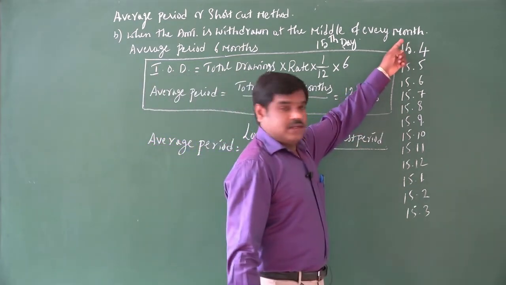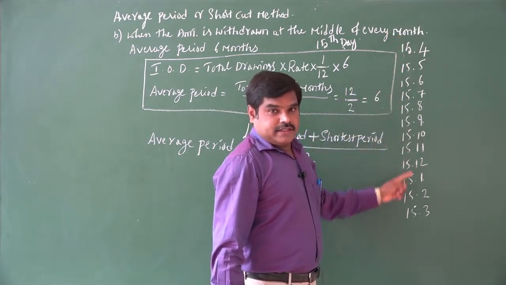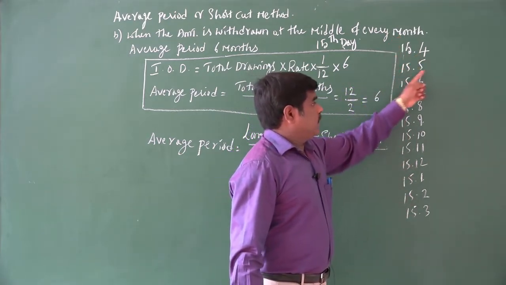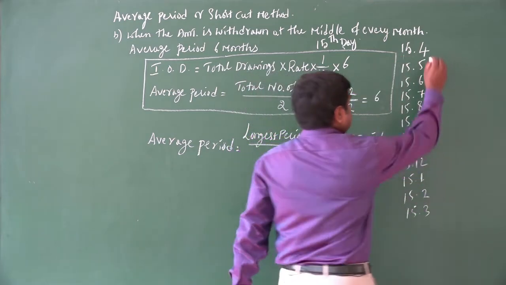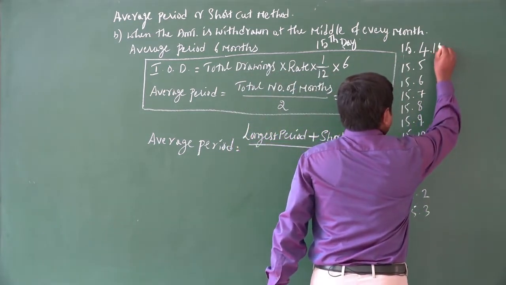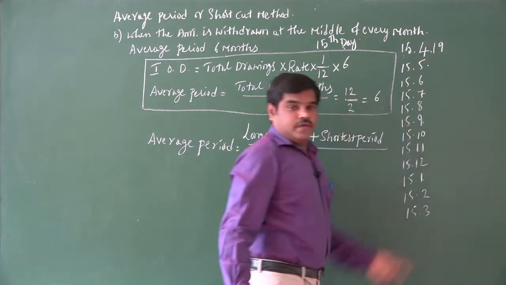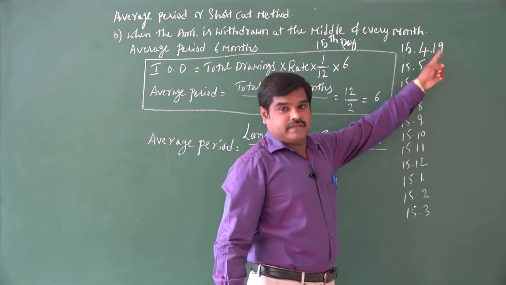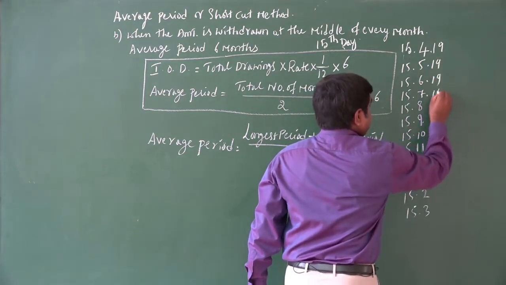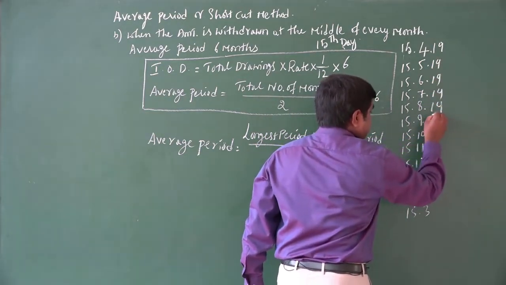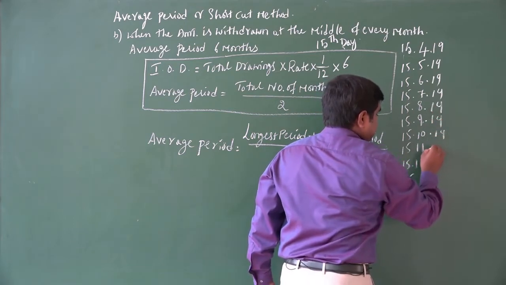See, I have written the dates of drawings, 15th April, 15th May, like that. Let me take an example, 2019: 15th April 2019 is the first date. This is the date of drawing.